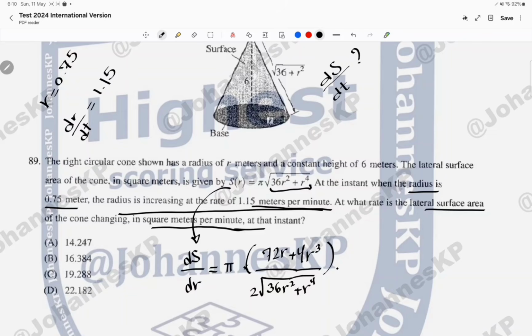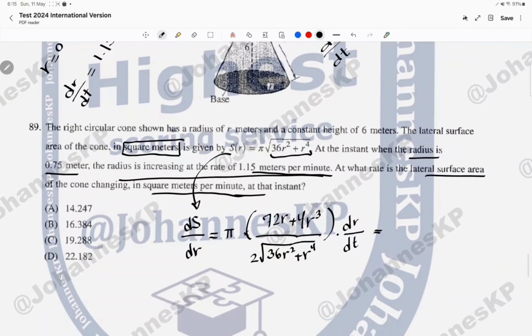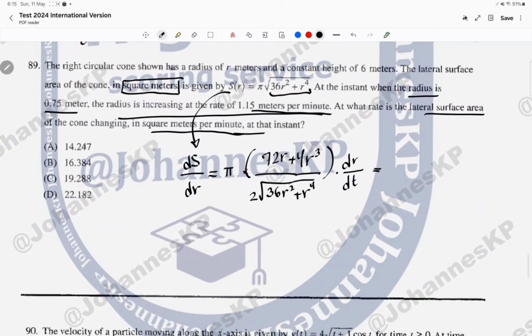Oh yeah, and of course, because I differentiated with respect to r, I must multiply by dr over dt. Then just plug in: replace every r with 0.75 and replace dr over dt, which appears only once, with 1.15.